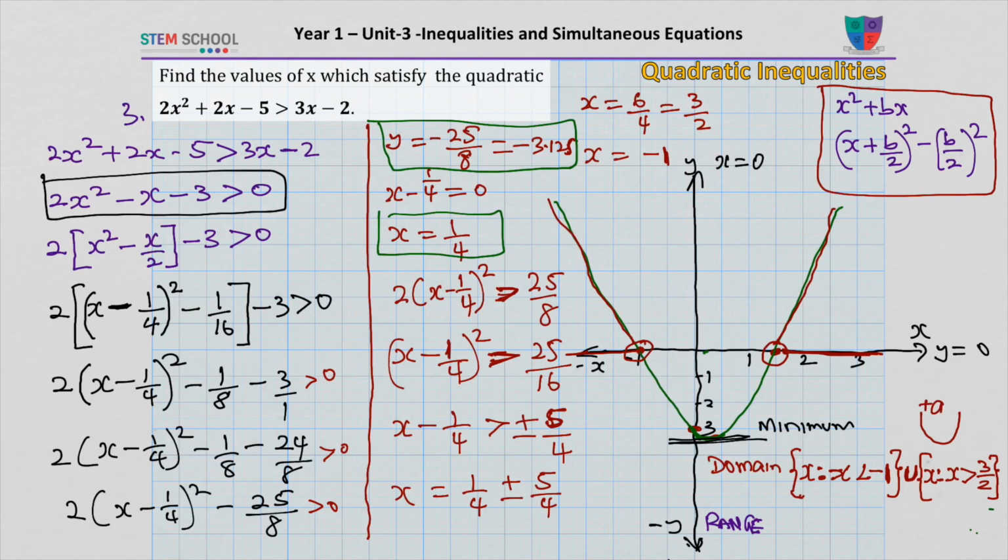When we write the range, it's actually equal to the minimum, so we open a square bracket, y colon, minus 25/8 is less than or equal to y, and y is less than positive infinity.